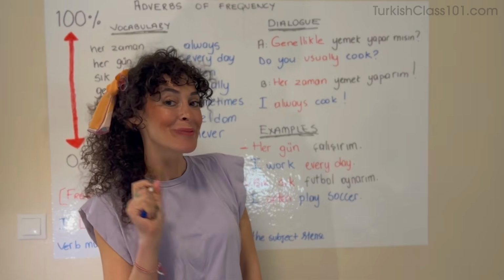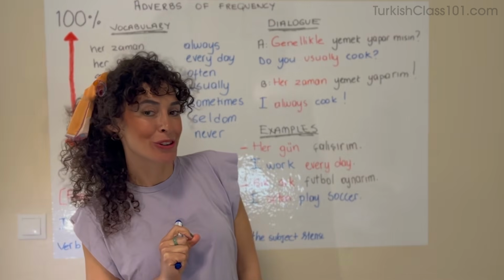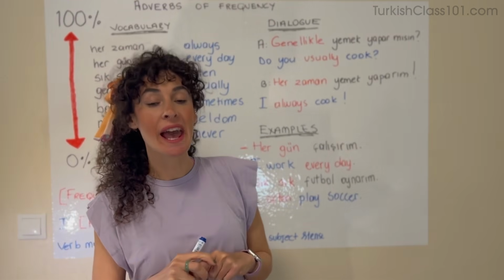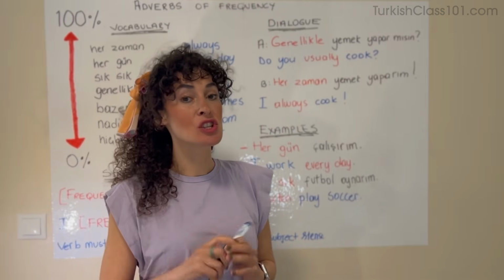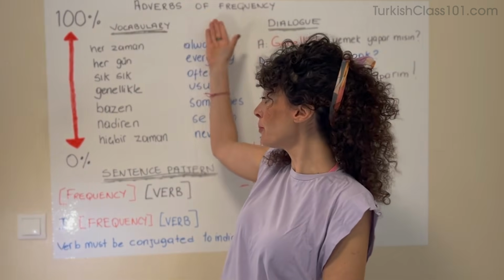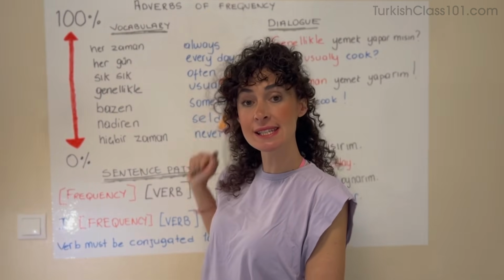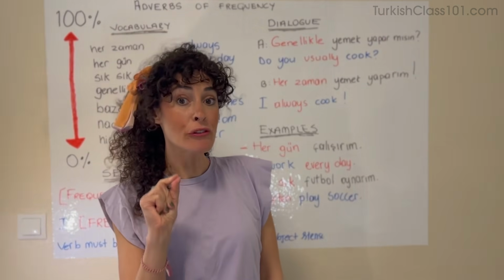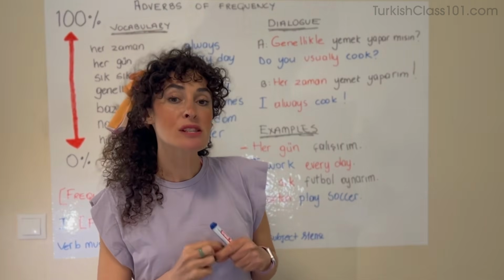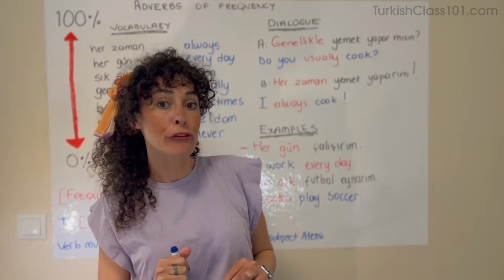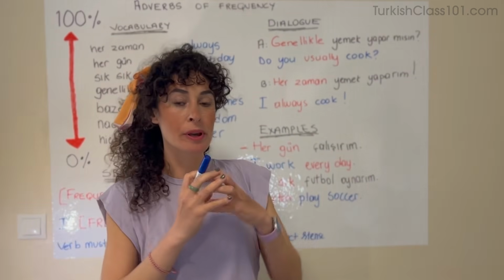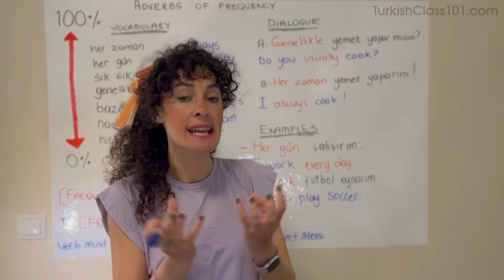And I have a nice culture point for you. Zarf, which means adverb, has two meanings. Zarf is adverb, such as these, but zarf also means envelope. This word comes from Arabic. It means to enwrap or contain something.